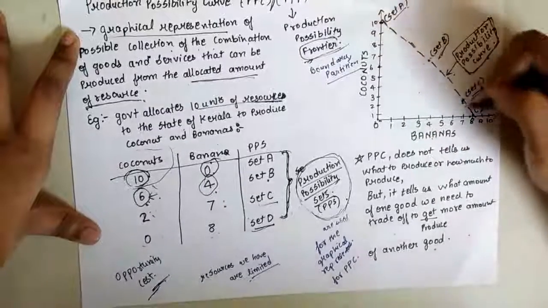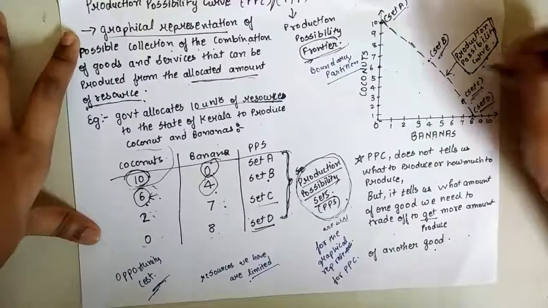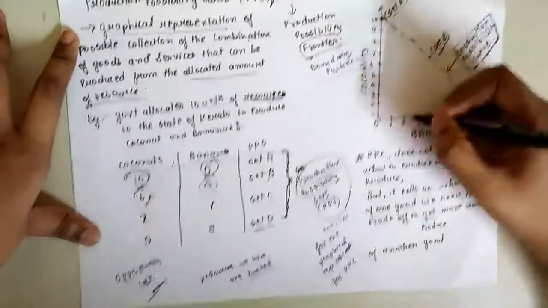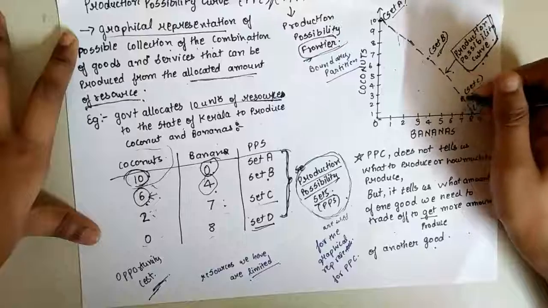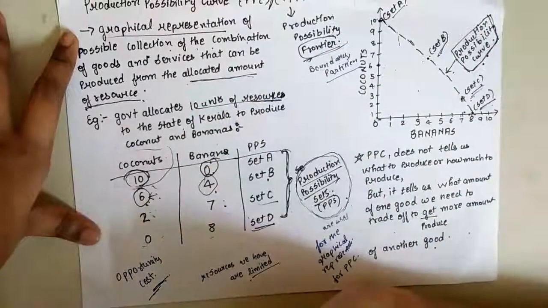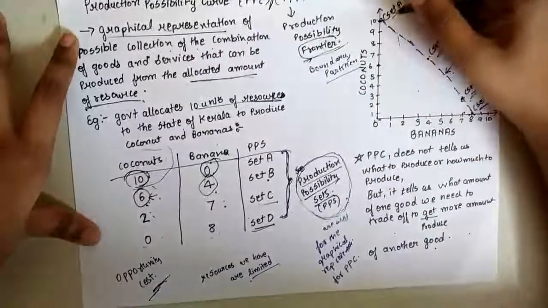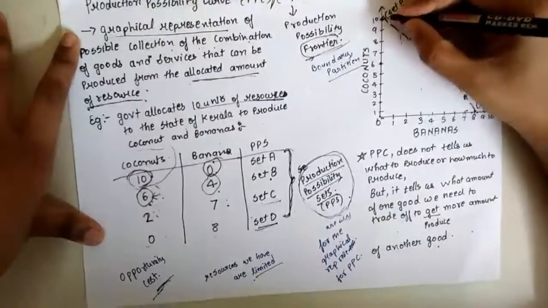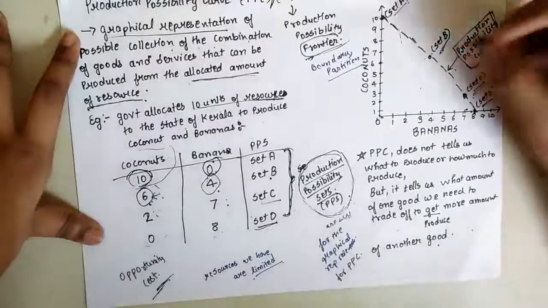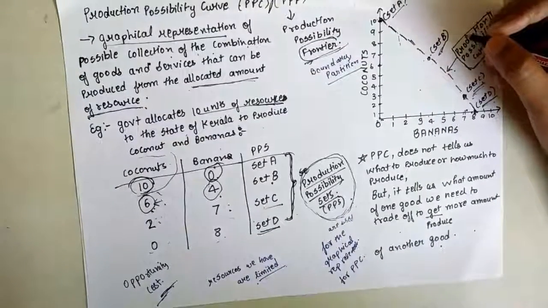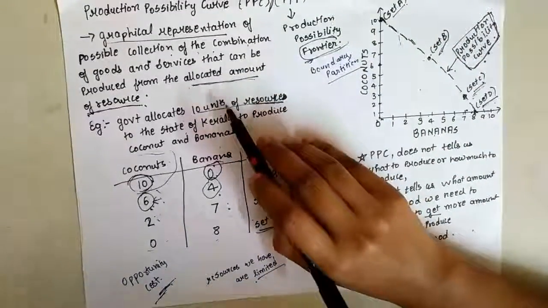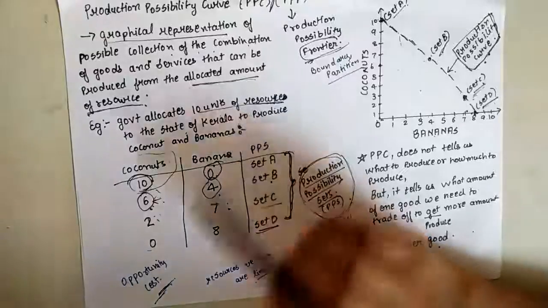The production possibility curve shows the possible situations where we can utilize the whole 10 units of resources effectively. The points which are on the curve are the absolute solutions for utilization of 10 units of resources.